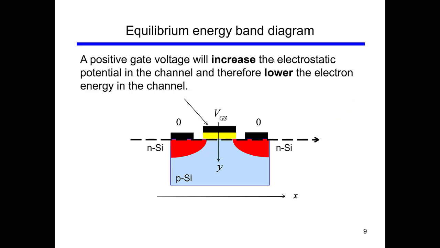So what happens now if we increase the gate voltage? What will happen? If we increase the gate voltage, this electrostatic potential in the channel will change, and it will lower the energy of electrons in the channel.